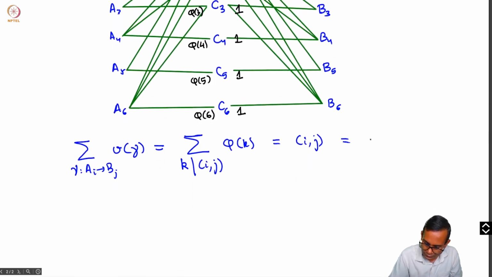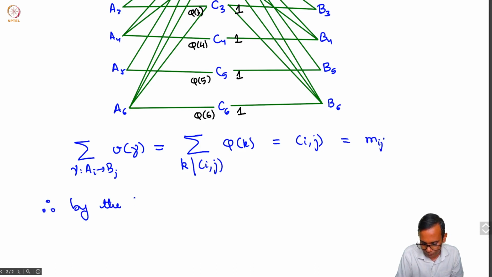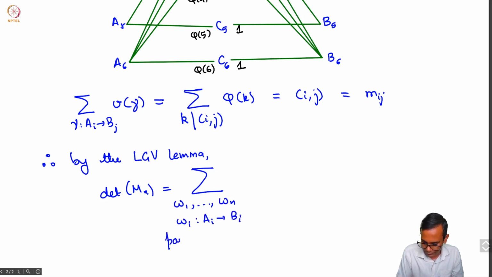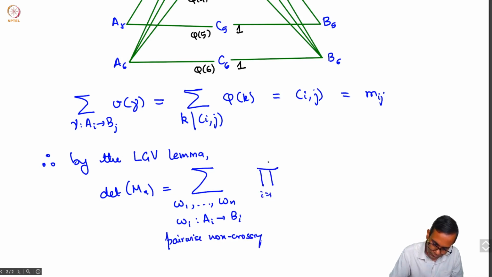And so this is Mij. Therefore, by the LGV lemma, the determinant of Mn is the sum over all paths omega 1 through omega n, where omega i must go from Ai to Bi, and these are pairwise non-intersecting, non-crossing I should say, of the product, i goes from 1 to n, of V of omega i.